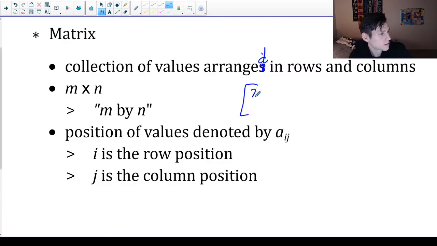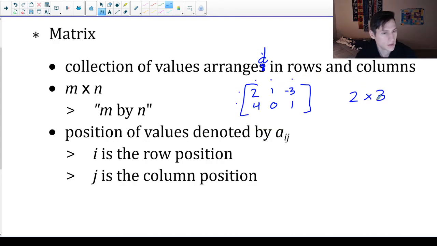Let's say this is a matrix. So there's 2 rows by 1, 2, 3 columns. We would call this a 2 by 3 matrix.